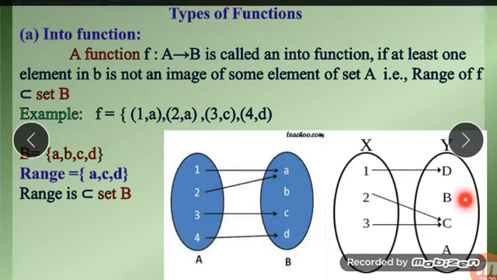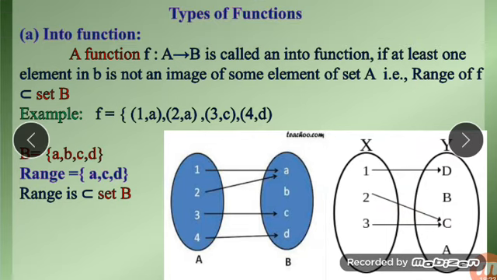Similarly, we can see here two elements, B and D, which are not the image of any element of the first set A. So these are the examples of into function. In other words, we can identify the into function if range of function is a subset of B. Suppose this is a function and this is set B which has the elements a, b, c and d.